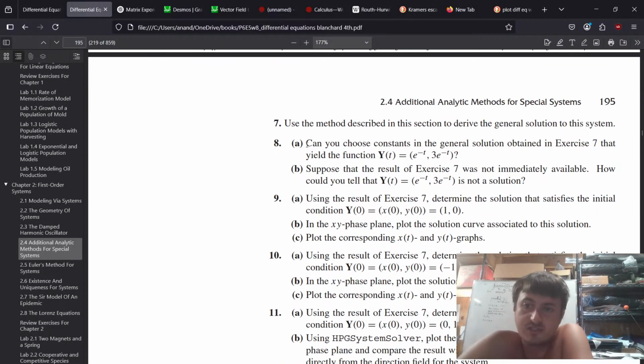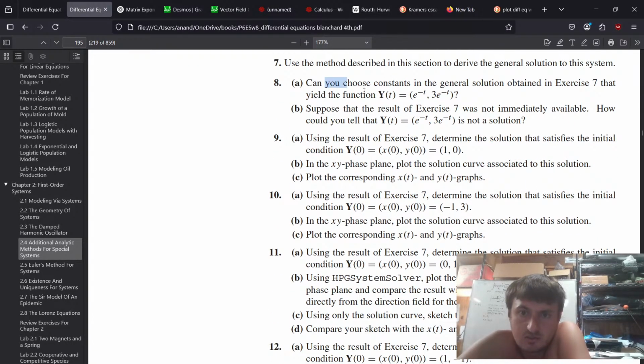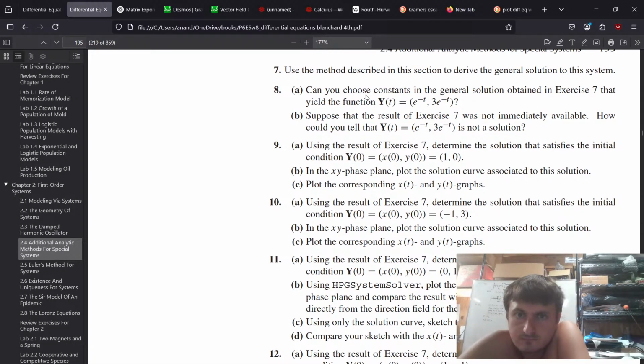Use the method described in this section to derive the general solution. Can you choose constants in the general solution obtained in exercise 7 that yield the function?